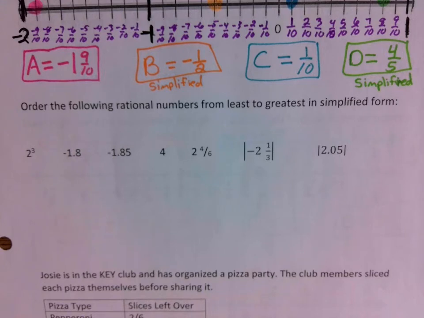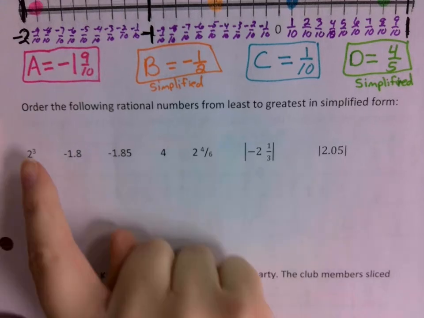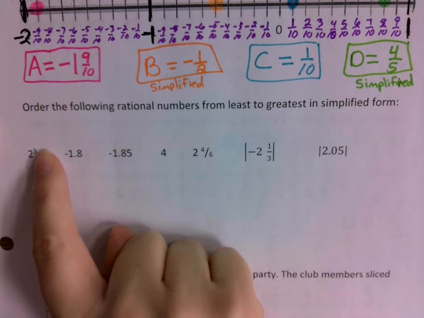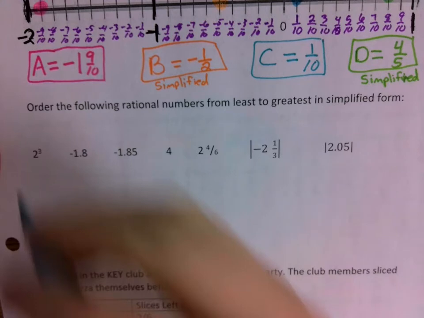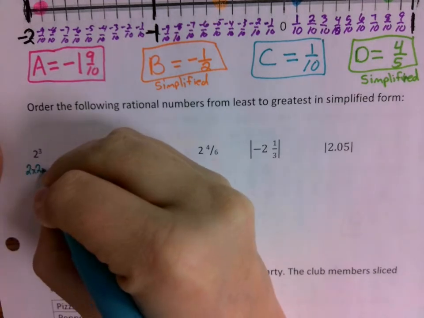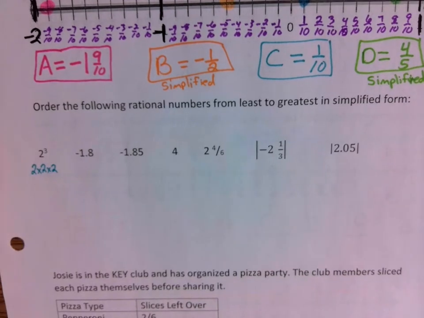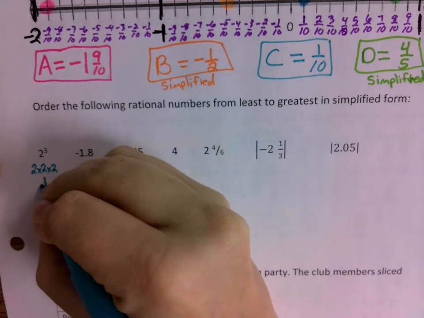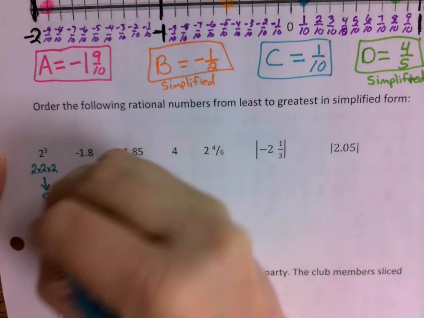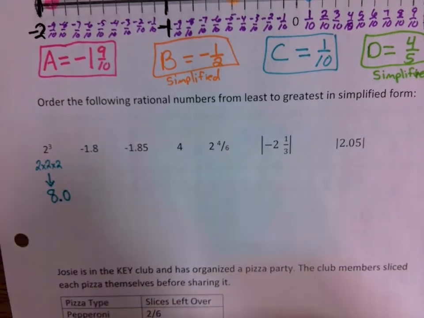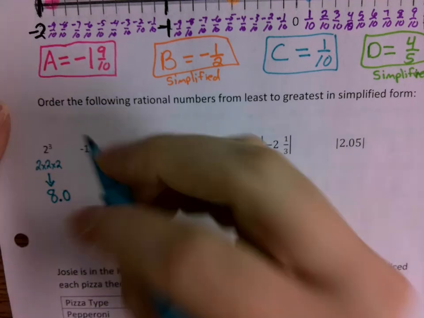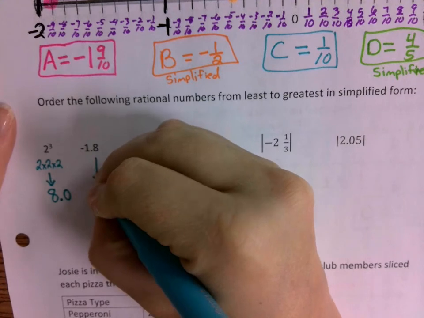Okay? So now 2 to the third power. 2 to the third power is just the same thing as saying 2 times 2 times 2. What is 2 times 2 times 2, guys? 8. Okay? So this value is 8 or 8.0. I'm going to go ahead and put 8.0 because I know that I'm going to have some decimals. Okay, negative 1.8 is already in decimal form, so I can just leave it as negative 1.8.